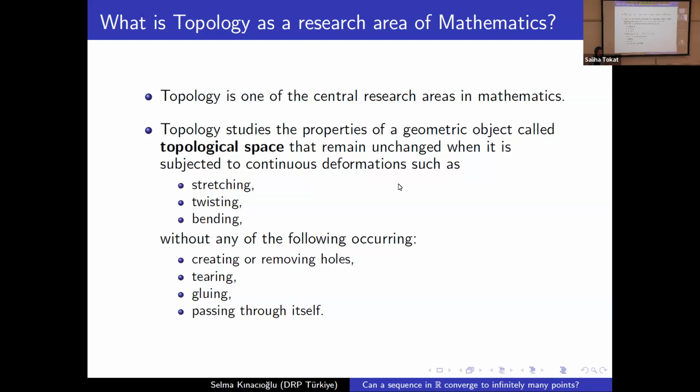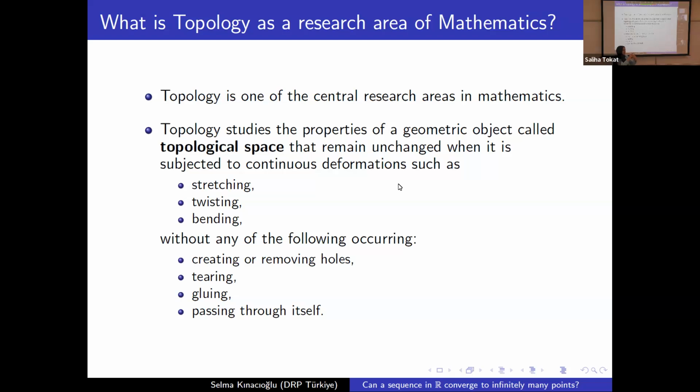Everything here can be a topological space, like this can represent a topological space. We are not caring about the length, we are only focusing on the shape. In topology, when we focus on a specific object, we can twist it, we can bend it, and we can press on it, but without separating the shape, like this, for example.